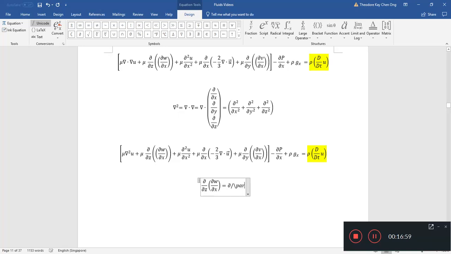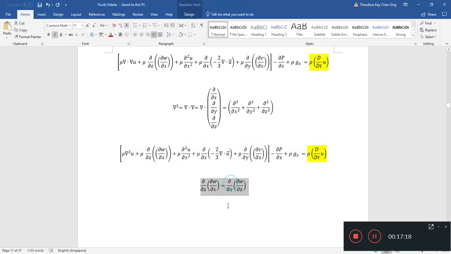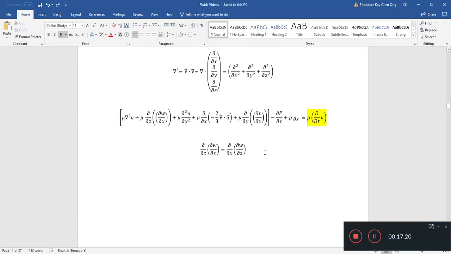The order of differentiation doesn't matter. Now you'll see why I'm doing this in a very short while. So I'm replacing this derivative with something like this, and the second one as well.